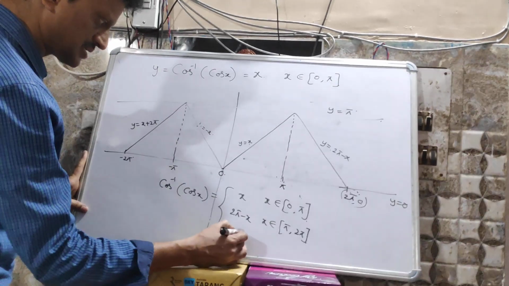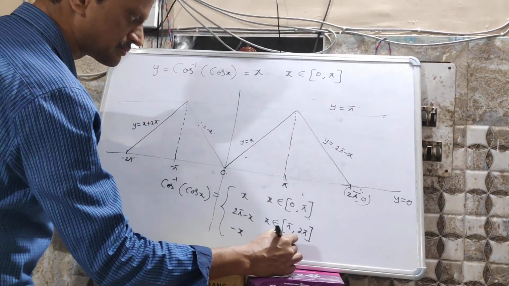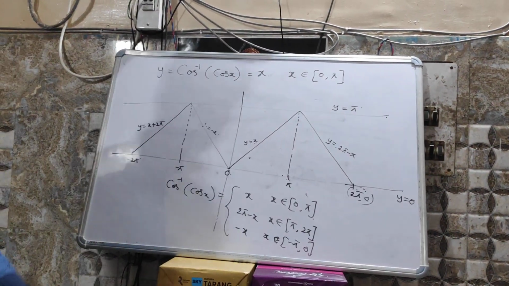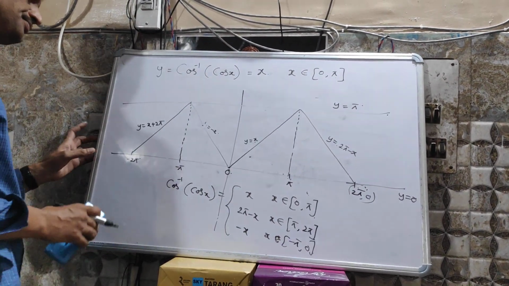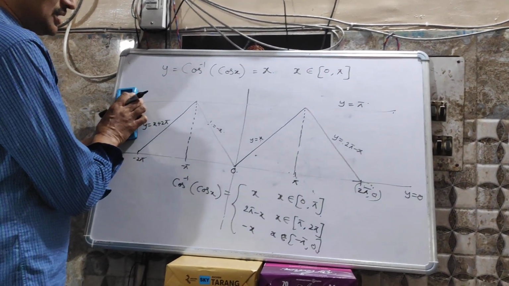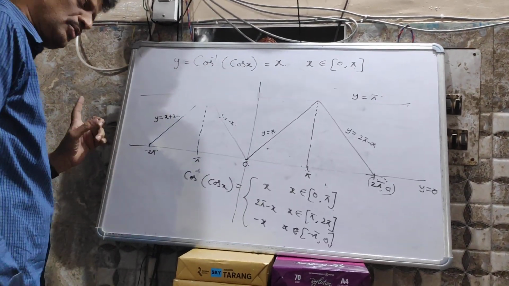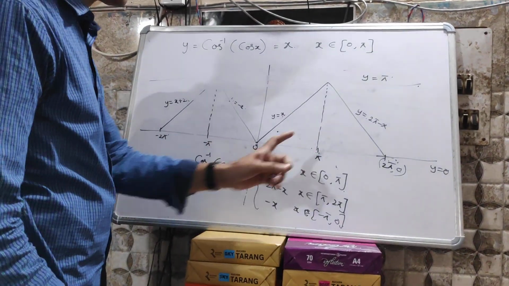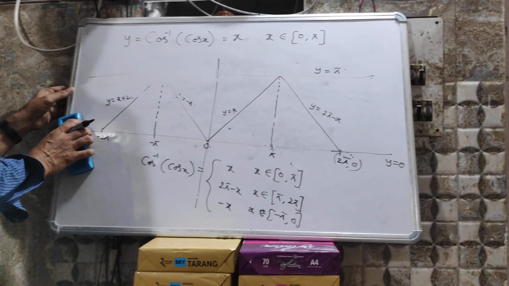Next, minus x when x belongs to minus pi to 0. Like this you can complete all other domains. Clear? And what is the complete domain of cos inverse cos x? All real numbers. What is the principal domain? Closed interval 0 to pi. Other non-principal domains follow automatically. Okay?